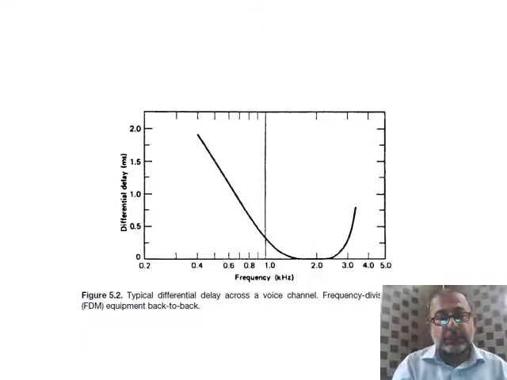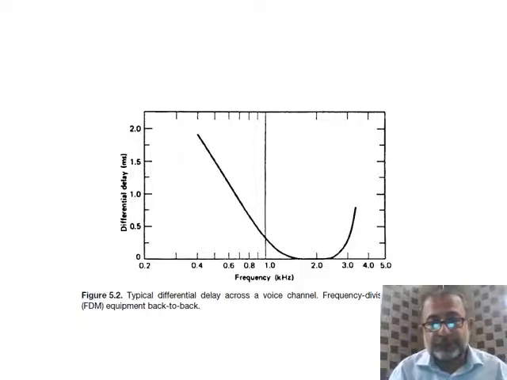You can see in this diagram that it shows how the differential delay varies, and we can see a range between 1700 to 1800 where it is the minimum and the flattest also. That is why if we want to send some signal in the digital format, we use these two frequencies, 1700 and 1800 hertz.